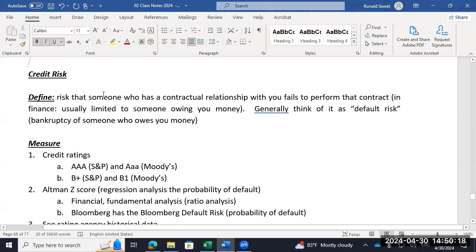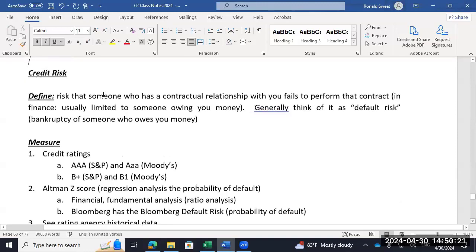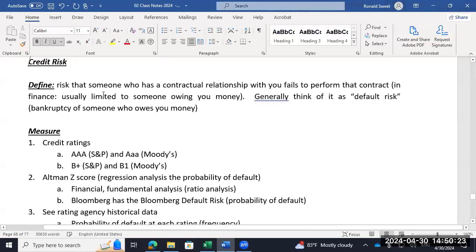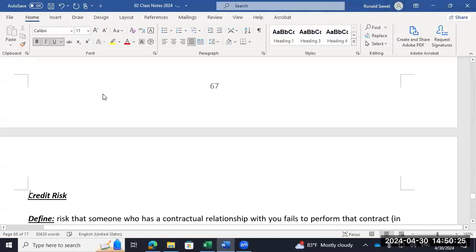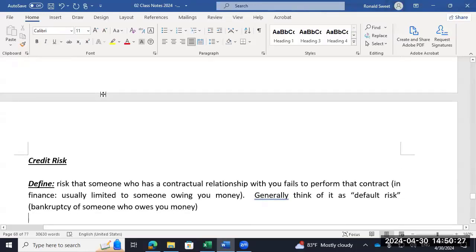Credit risk. Have any of y'all interviewed for a credit? I know some of y'all sent the Victory Capital. That's a credit shop. So Victory Capital is mainly fixed income. So remember paper one. Anybody remember the template?